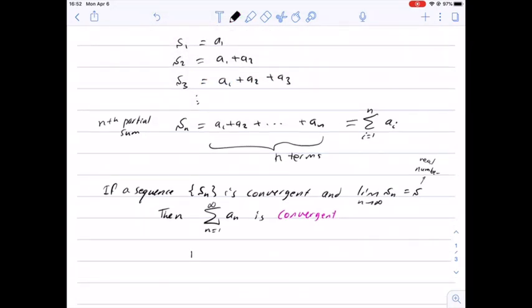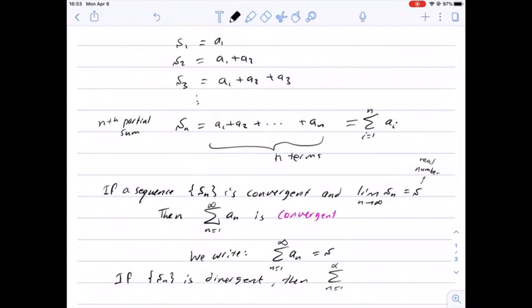And we write the sum of a sub n from 1 to infinity equals little s. Now if the sequence of these partial sums is divergent, then the series associated with this sum is divergent.